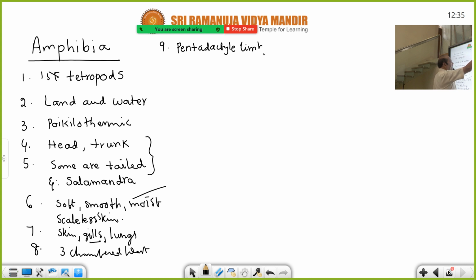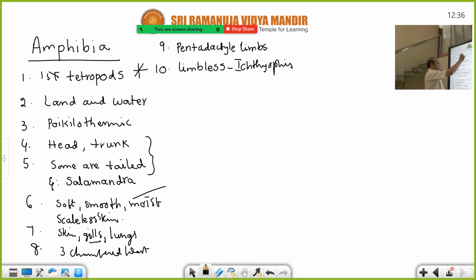Pentadactyl limbs. 5-digit limbs first time developed in the amphibians, but no class. Here at this point you have to recollect this point. Limbless amphibian: Apoda, limbless amphibian. Answer is Ichthyophis, a limbless amphibian, caecilian.